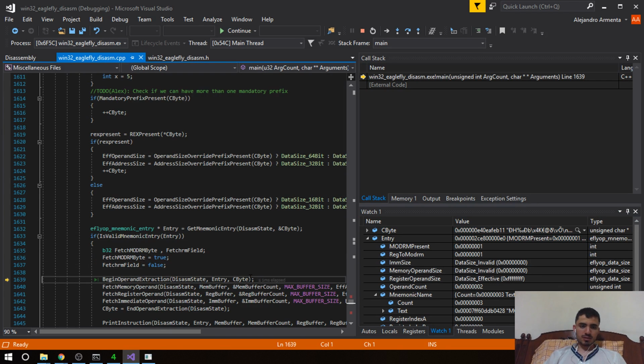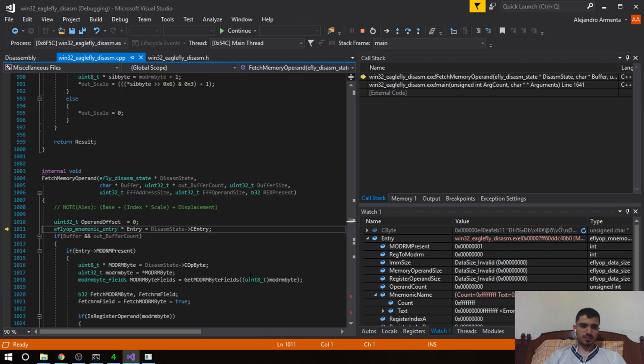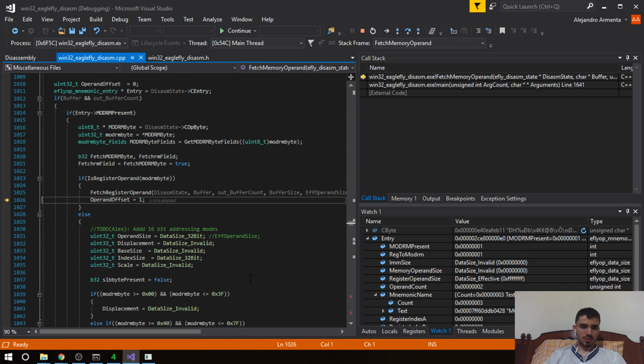It's valid, there you go, begin operand instruction. We're going to fetch the memory operand, just a register. You get the buffer with EAX, that's correct.